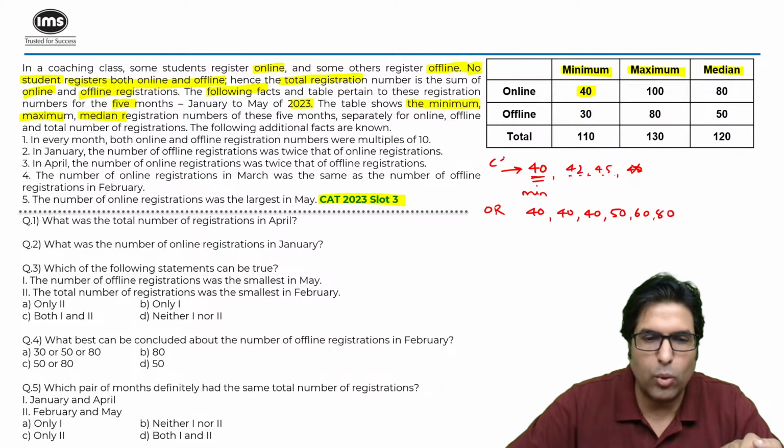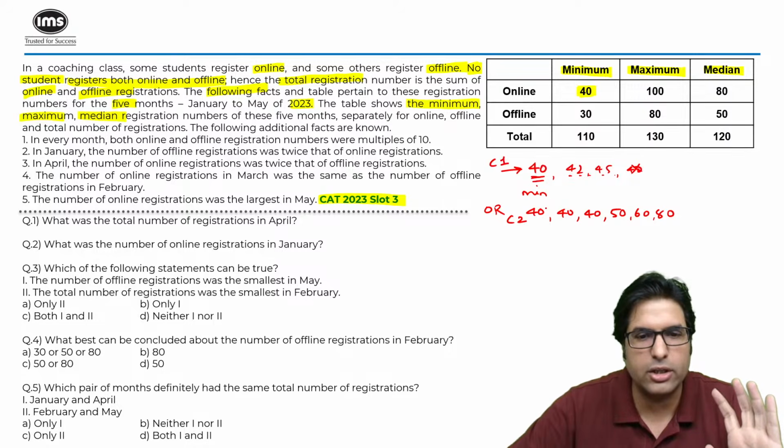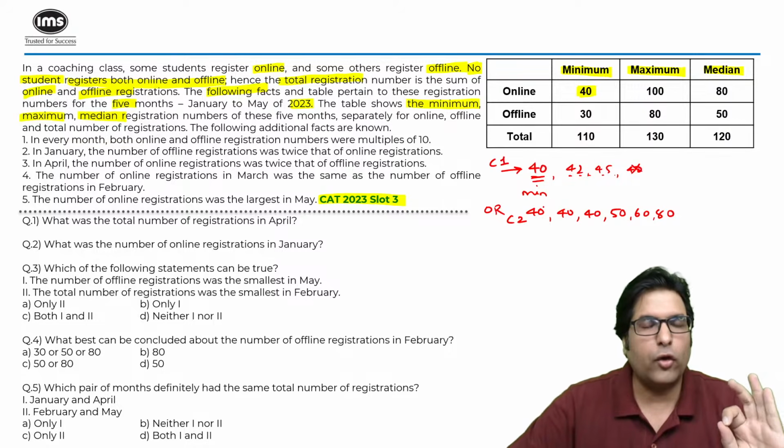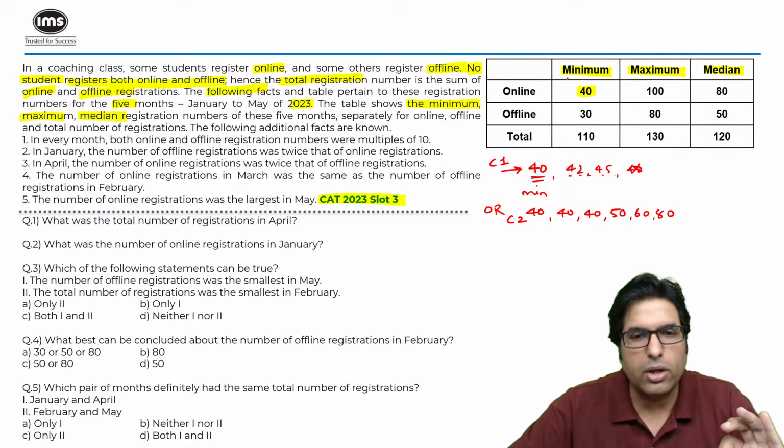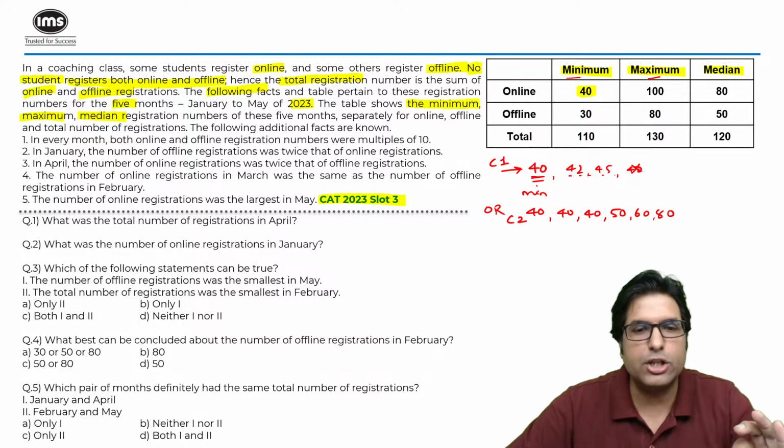So is case 1 valid or is case 2 valid based on the given conditions? So for all practical purposes, understand that whenever you come across the term minimum or maximum, it never means uniquely minimum. So this case 1 is wrong.